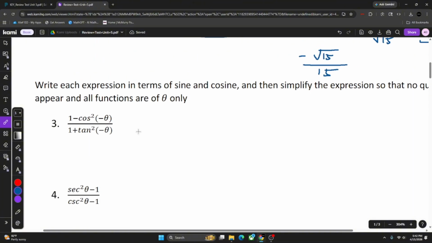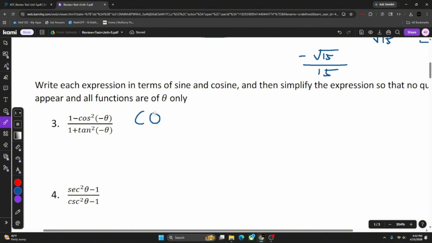So we look at the Pythagorean basic identities again. It doesn't say here, but cosine of negative is going to be equal to cosine of positive. So what does that mean?